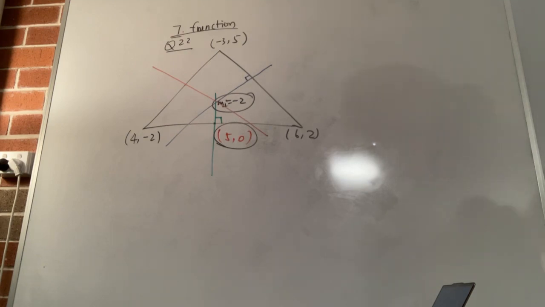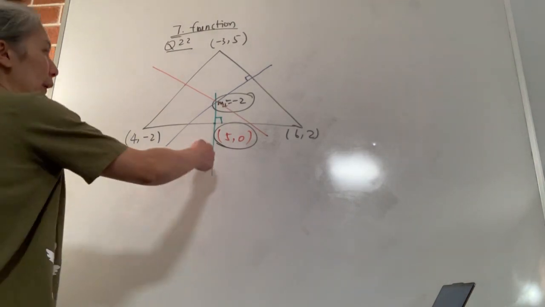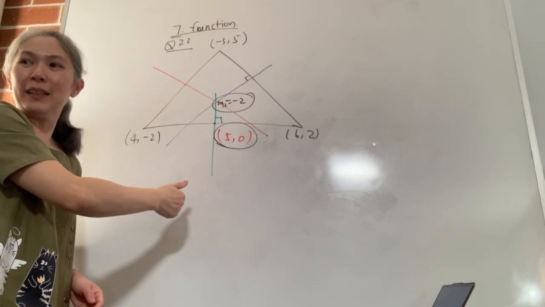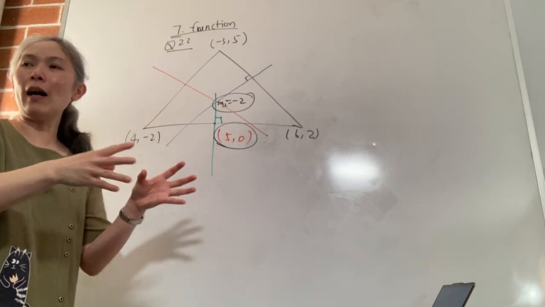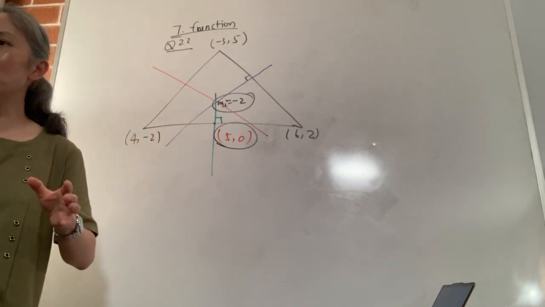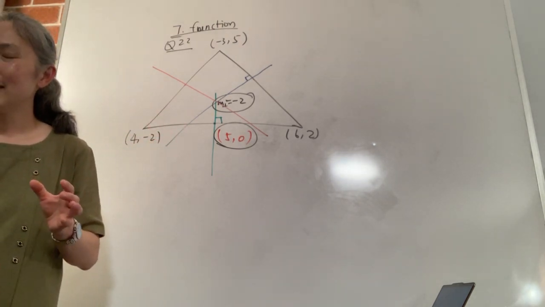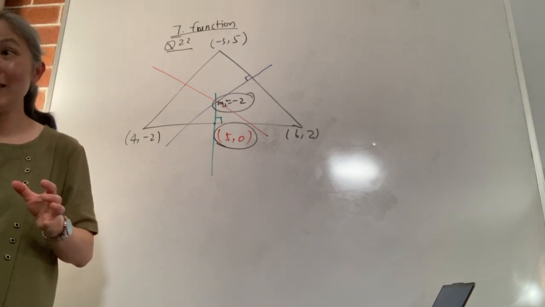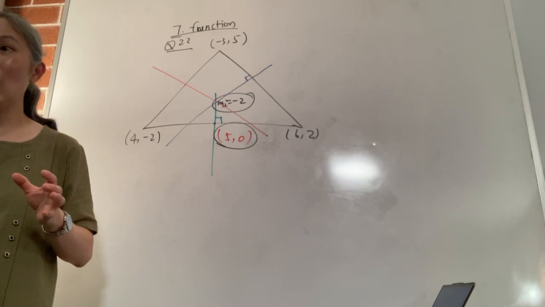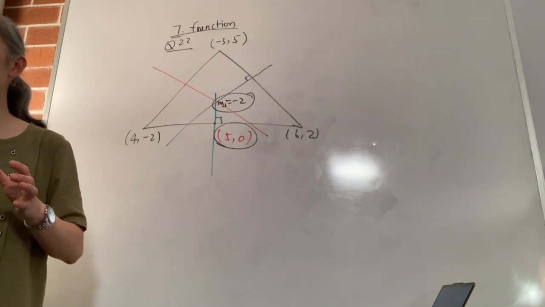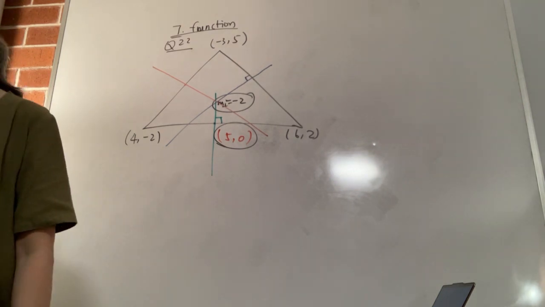So why do after the final gradient? Yeah, because you are looking for equations. So how do you find equations? Y equals to what? If to find the equation of a straight line, what is the formula that you use? Y minus y1 equals to m brackets x minus x1. Yes, the point gradient formula.